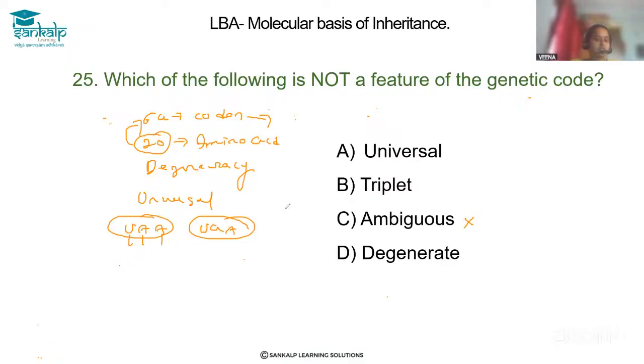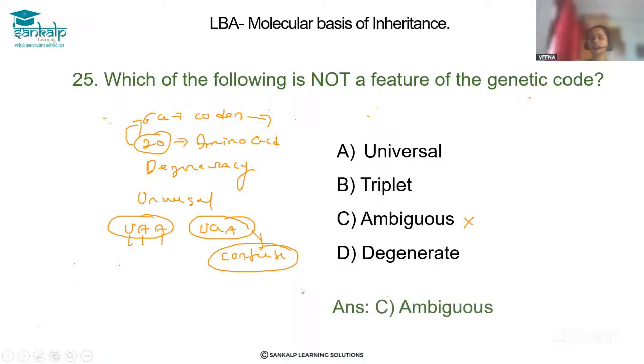No. The code is not ambiguous, it does not create any confusion. There is very clear clarity here: 20 amino acids are coded by the 64 codons. So the answer is C. This is not a feature of the genetic code. The correct answer is C, that is ambiguous.